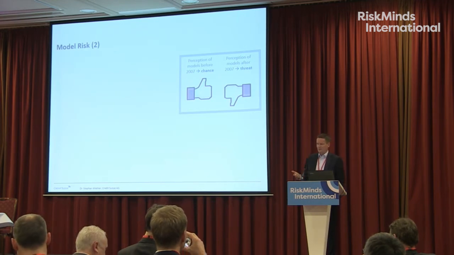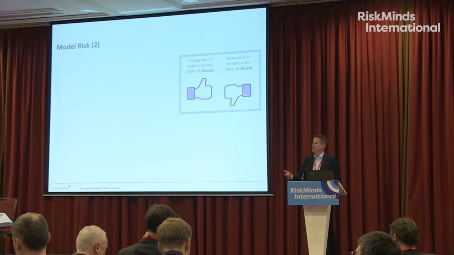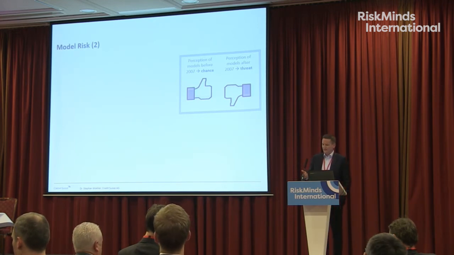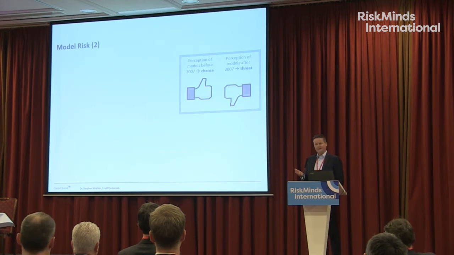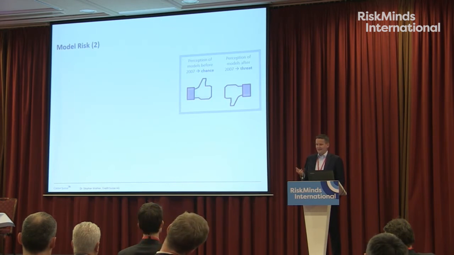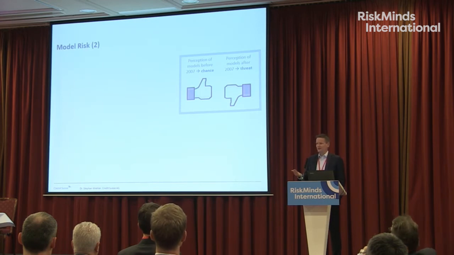If you now talk to people, be it a regulator, be it maybe an internal auditor, each and every model is considered a threat because it could be wrong. And I have a hard time following that line of argumentation. I don't think it's a threat as long as we deal with it appropriately, in the sense that the outcome of a process must always be a mix between a model and a human being looking at the model and interpreting results.